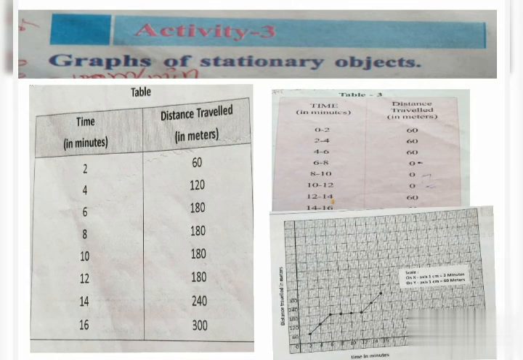Then the graph line remains parallel to the x-axis. This shows that the object is at rest. When the object stops at a place, its time is increasing, but the distance covered does not change. Then the graph line will remain parallel to the x-axis.